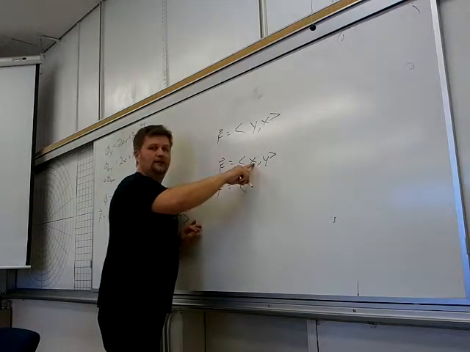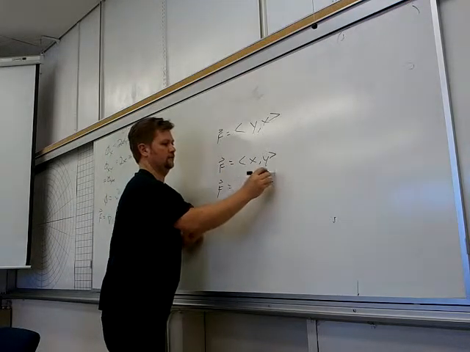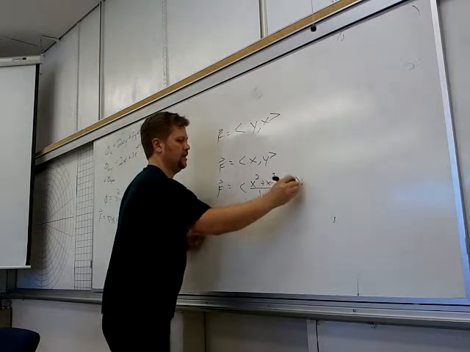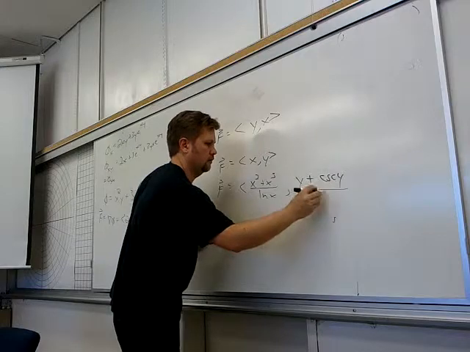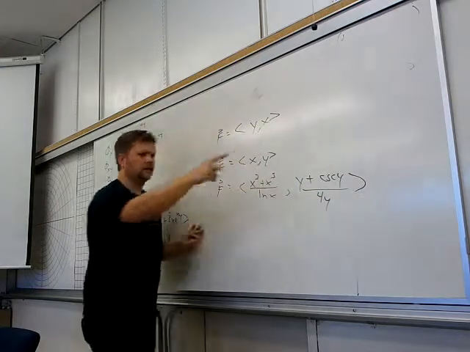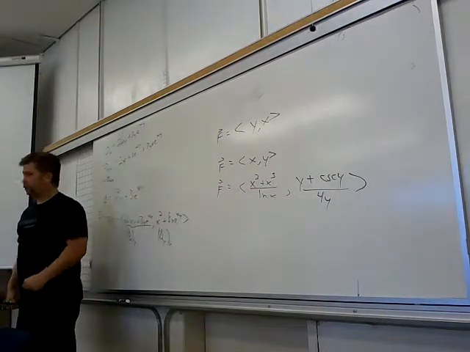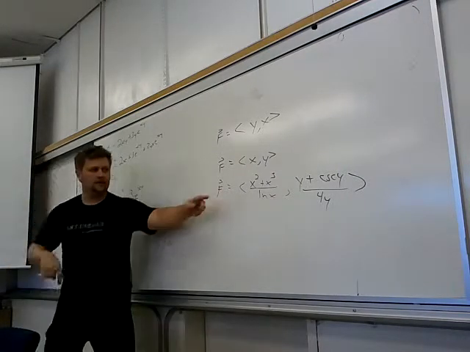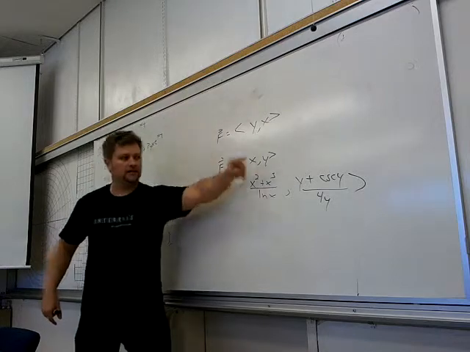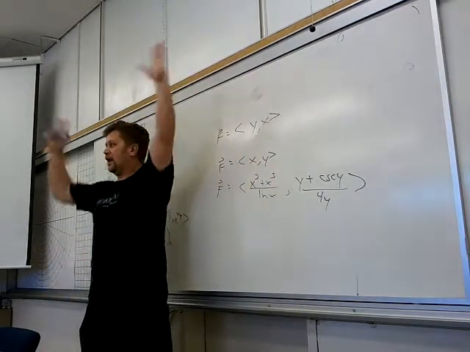Now think about that. If I do anything that only has x's in it, and anything over here that only has y's in it, that is automatically a conservative vector field. And it would have come from the antiderivative of this plus the antiderivative of this. That would have been phi.